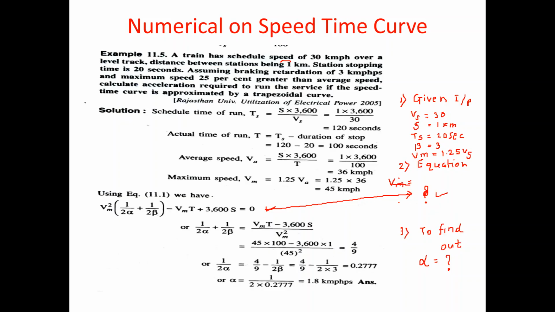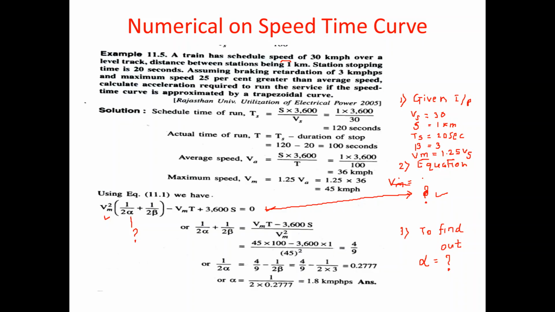Now let us start from the beginning. In this equation, what all things do we require? What we have to find out is alpha. First we should know Vm. You can see he has given Vm equal to 1.25 Vs, and Vs is already given as 30.